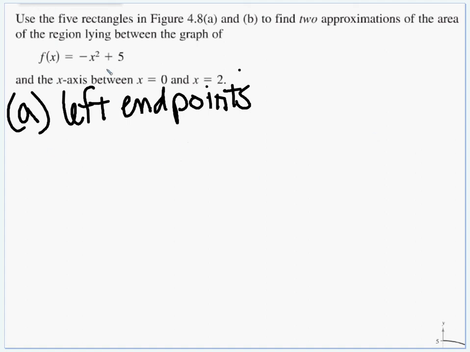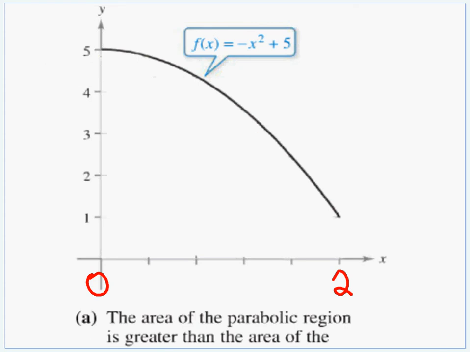Okay, and where it says here, use 5 rectangles. So over here, if I go back to the picture, I'm going to label this rectangle 1, rectangle 2, rectangle 3, rectangle 4, rectangle 5. If we're doing a left-hand sum, rectangle 1's left endpoint is at 0.